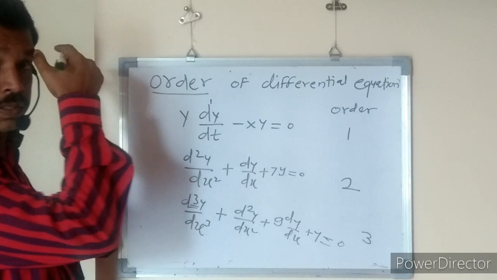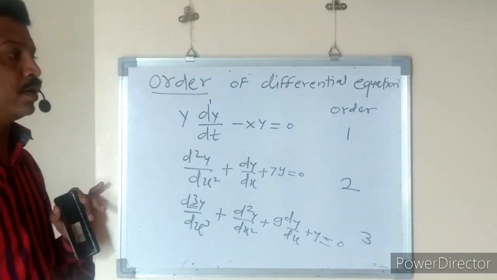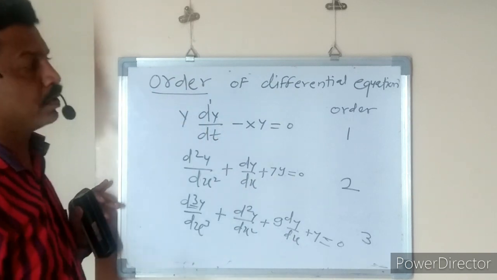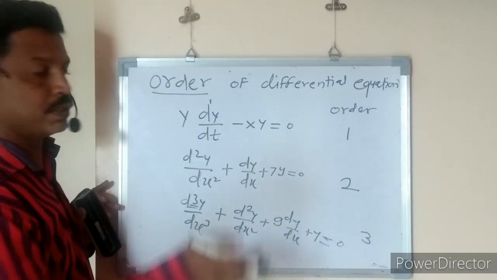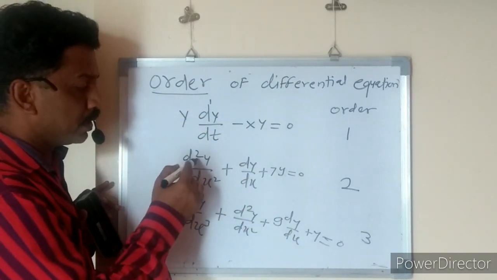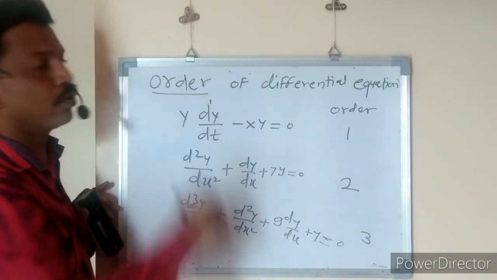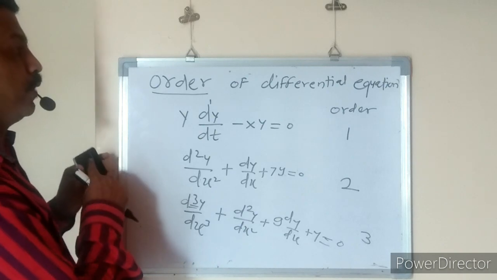The order and degree are two different things. Degree is the power of the highest derivative, and the highest derivative contained in that equation is known as the order of that differential equation.